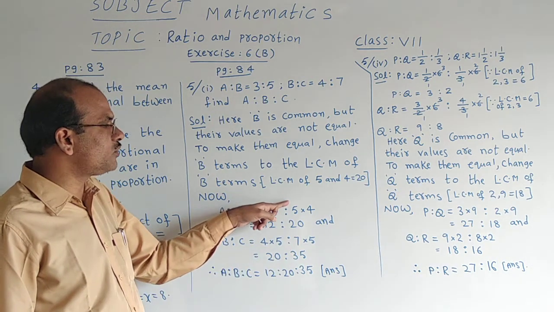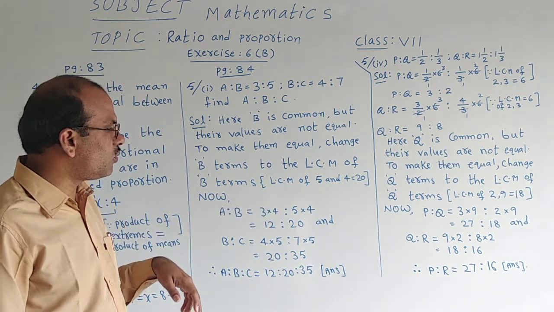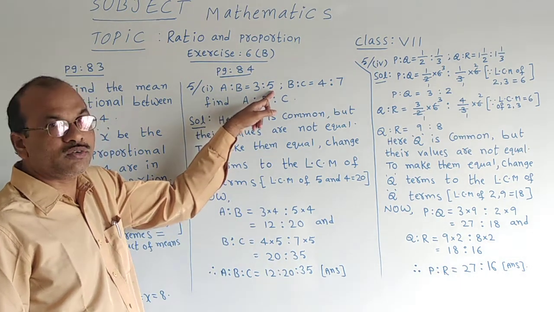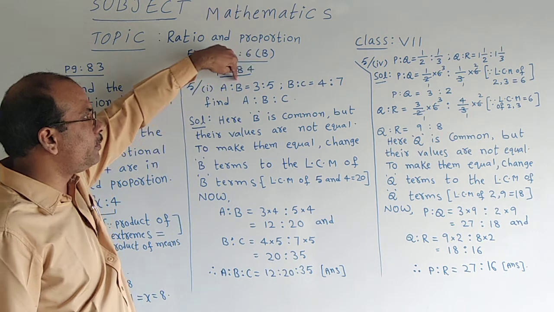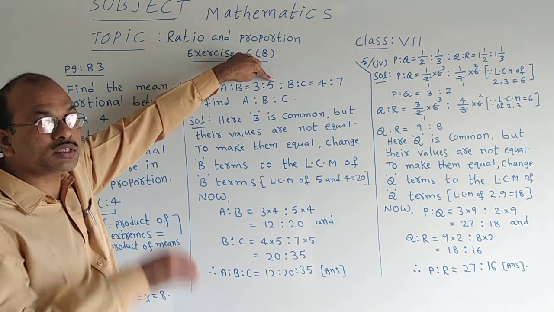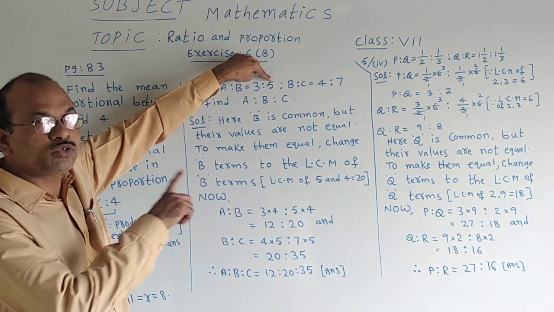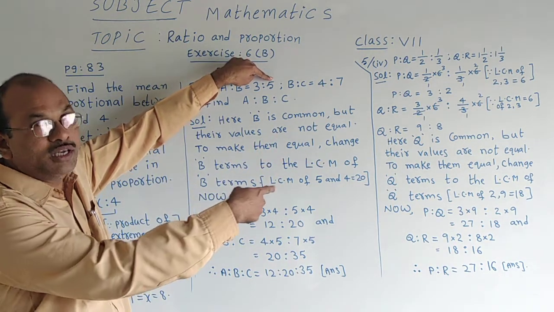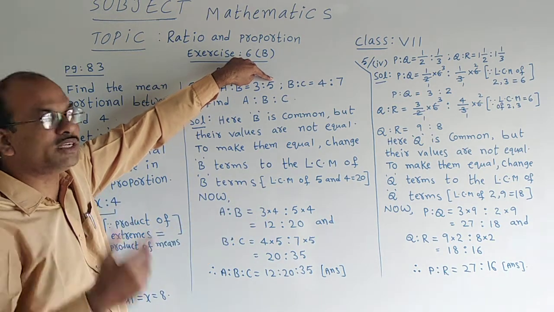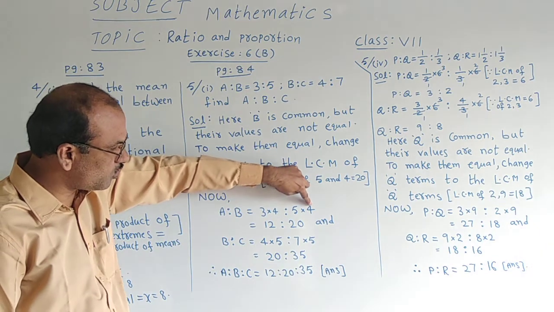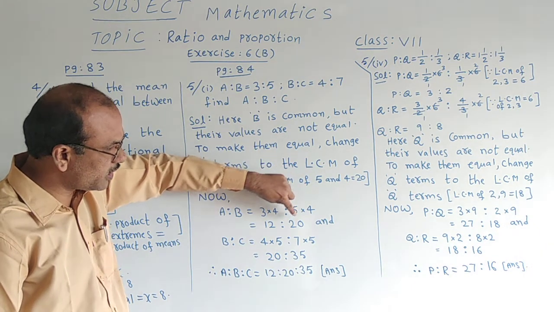That means that 5 should multiply with 4. Because the B term is actually 5. 5 should multiply with something to get our answer as the LCM of the B terms, that is 20. 5 fours are 20.